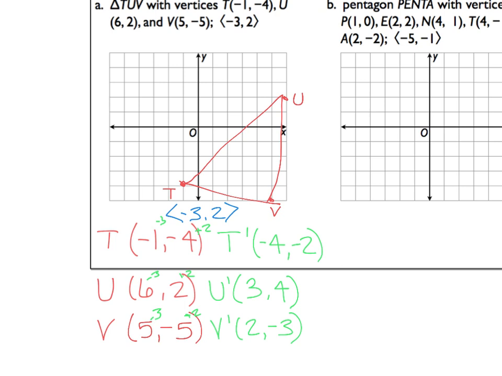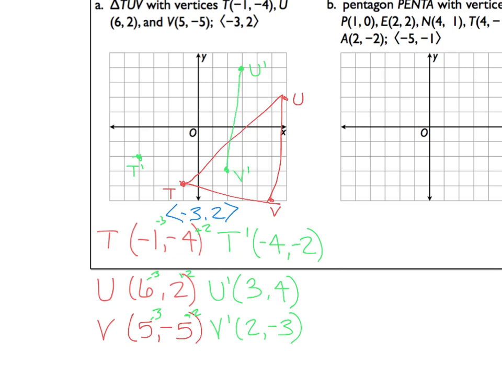And for my image, I have -4, and down 1, 2, 3, 4, -2. That's T prime. My U prime is 3, up 1, 2, 3, 4. And my V prime is 2, down 1, 2, 3.